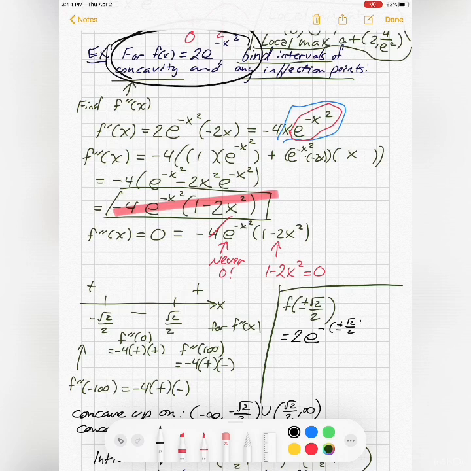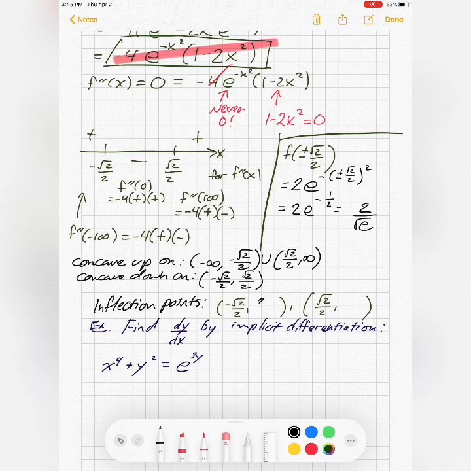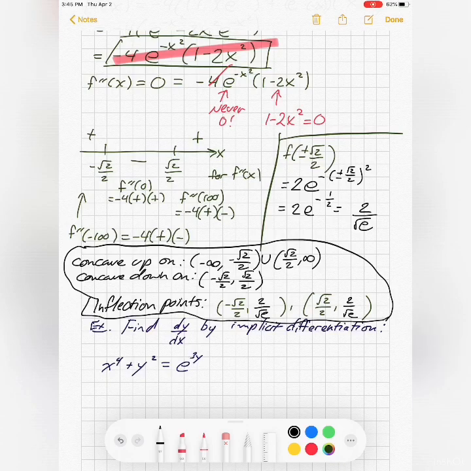You see how I have the squared here? So actually, whether the input is positive or negative, when I square that quantity, it's going to be positive, right? So that would be 2 over 4, so 1/2. So actually, for positive or negative root 2 over 2, the y-coordinate is positive 2 over square root e. So there are those guys. There is my answer then.